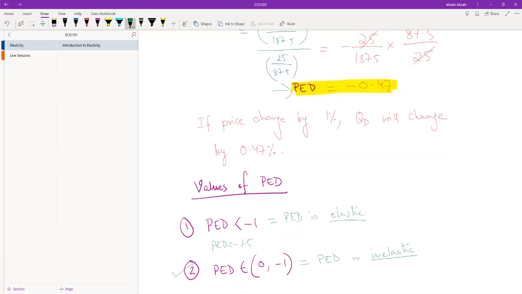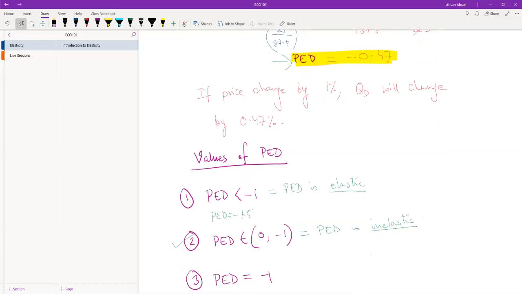This is also important. What this effectively means is that the quantity demanded of this good is very responsive to a change in price. By whatever percent the price changes, the change in QD will be much larger.